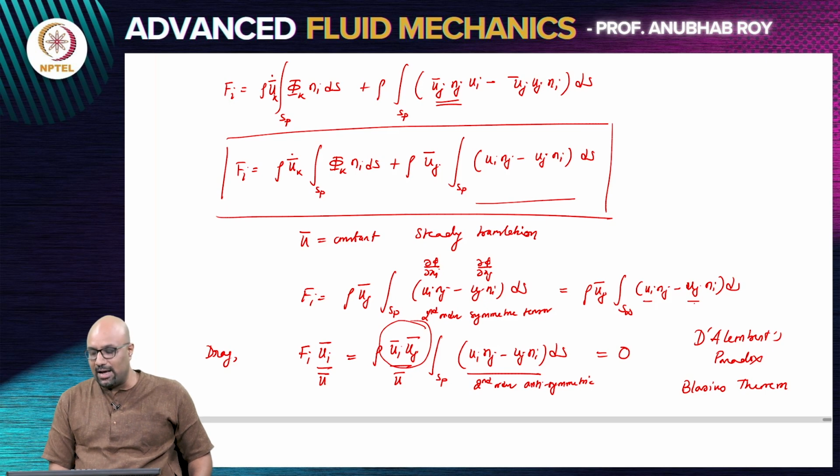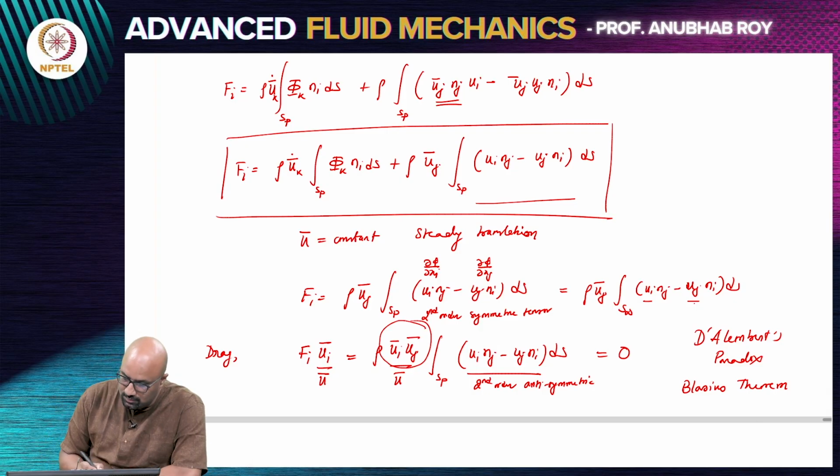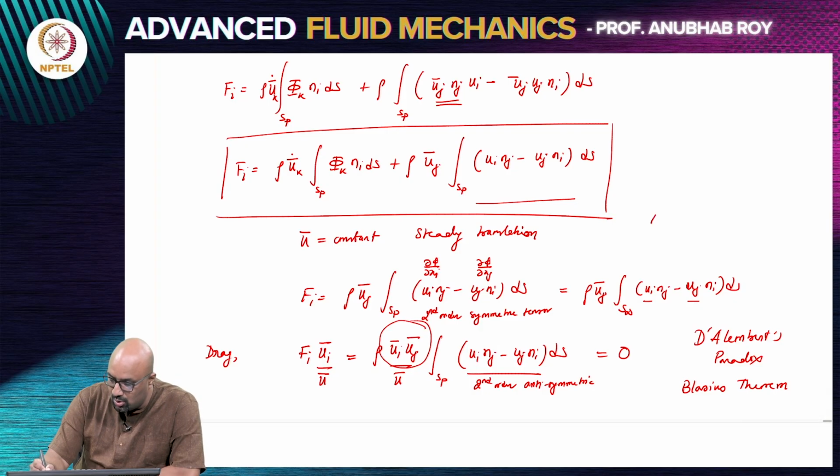Now, how does u decay in absence of circulation? No circulation implies that u in 2D goes as 1 over r square, and obviously in 3D it goes as 1 over r cube.